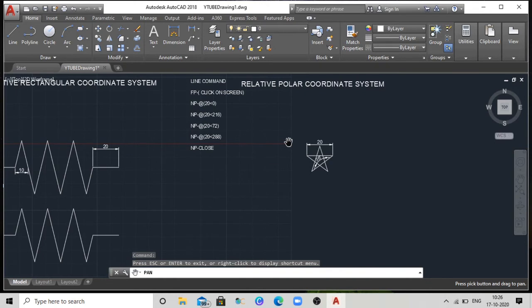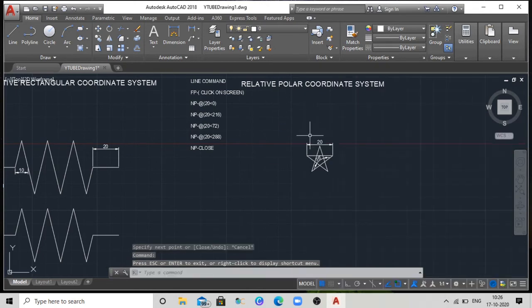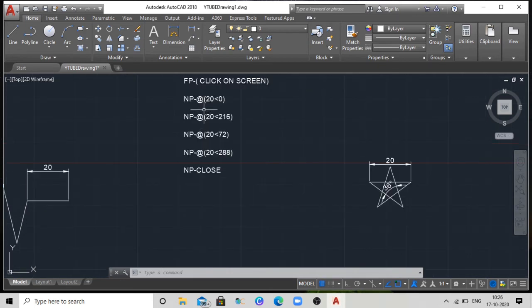The next coordinate system in AutoCAD is the relative polar coordinate system. In the relative polar coordinate system, the points and coordinates are measured with respect to angles, where @ indicates the distance.